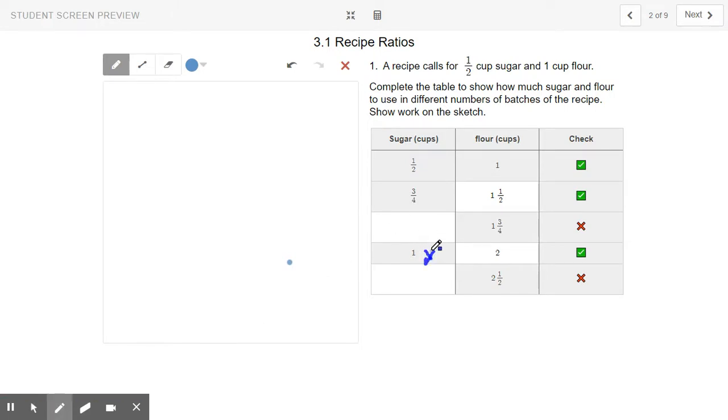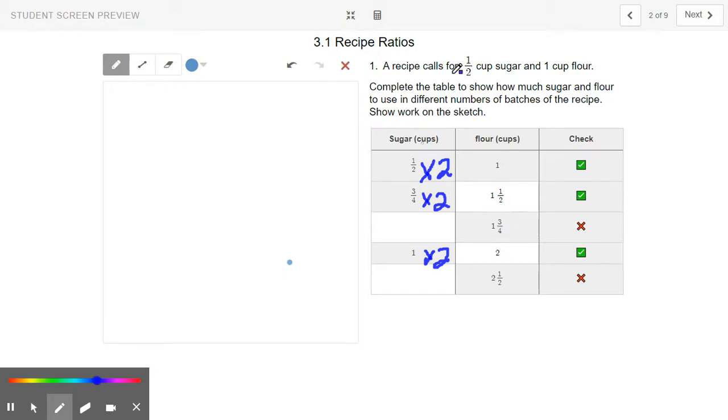Because 1 times 2 is 2. And also up here, I know 1/2, if I double 1/2 or do times 2, I get 1. Okay. And actually look, 3/4 times 2, I get 1.5.